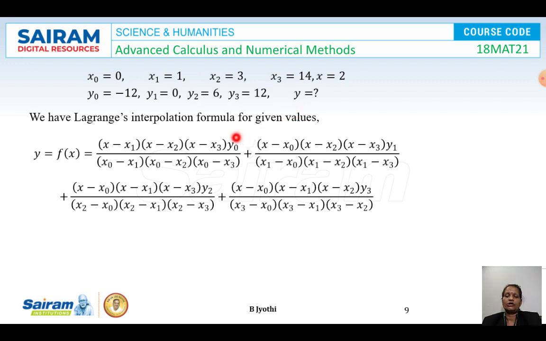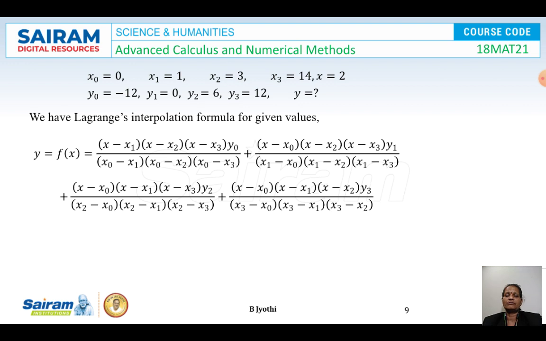And from the Lagrange's interpolation formula for the given values, the same formula is applicable because here also it goes up to x3 as in the previous problem. So x minus x1, x minus x2, x minus x3 into y0 divided by x0 minus x1, x0 minus x2, x0 minus x3 plus etc. The same formula is written for this also.